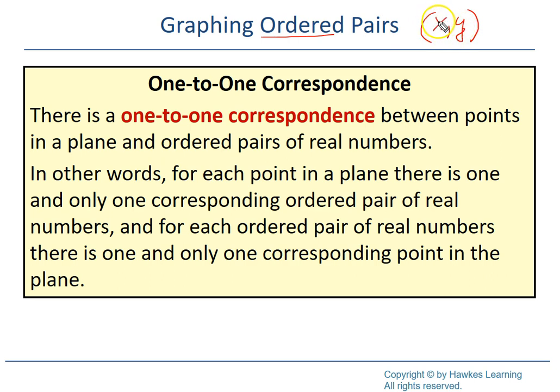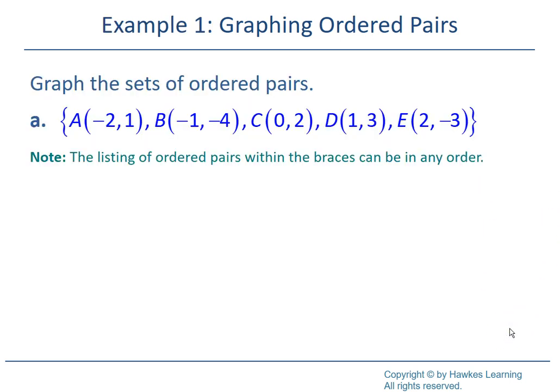The x value will always come first, followed by the y value. And we'll build a little bit of a graph here as we go on. And let's do that together here in our notes.